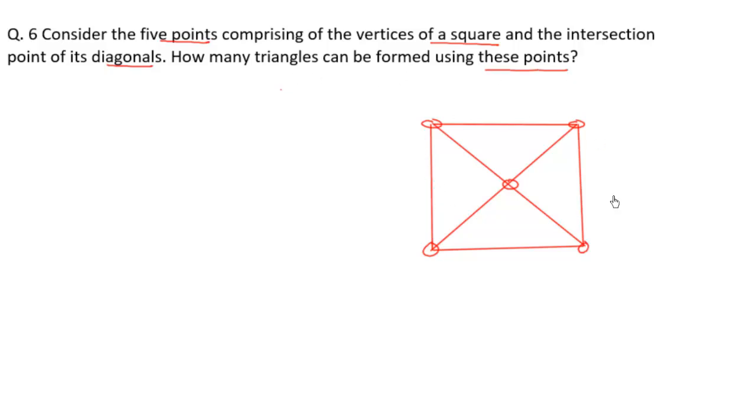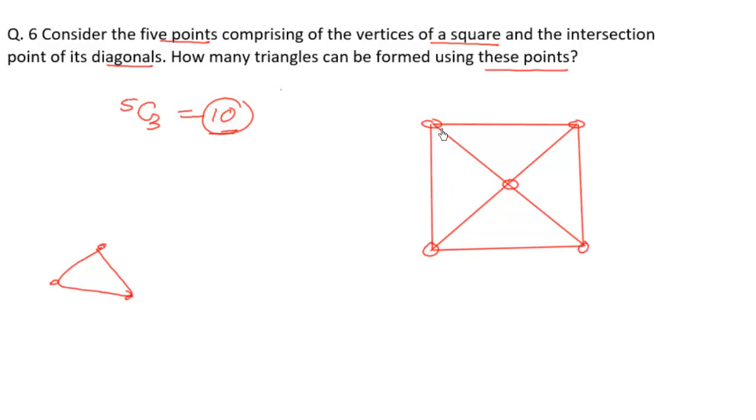Now, as we can see in this situation, if we take any 3 points, then the number of ways of doing so is 5C3, right? Which comes out to be 10. So there are 10 possibilities because for a triangle to be formed, we need 3 vertices. But we have to exclude those cases wherein the 3 points are collinear.